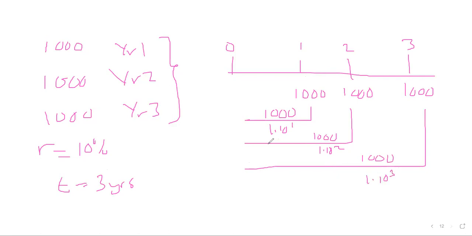So you keep calculating for each of these. When you calculate that, the first year will give you 909, the second year will give you 826, and the third year will give you 751.